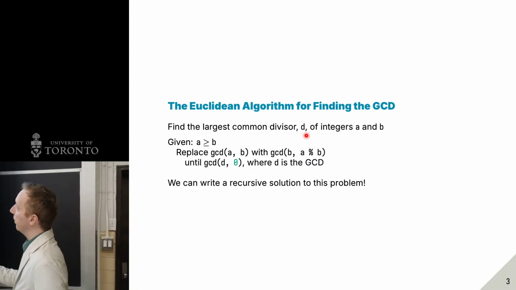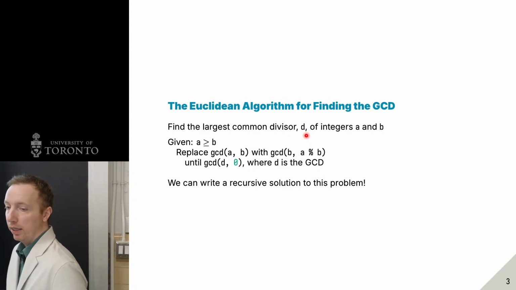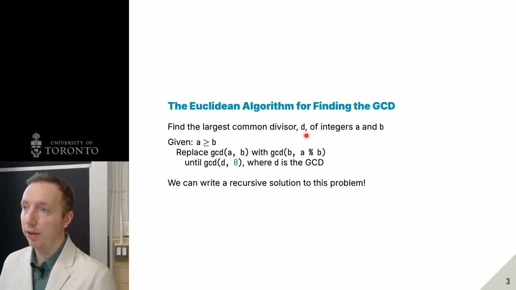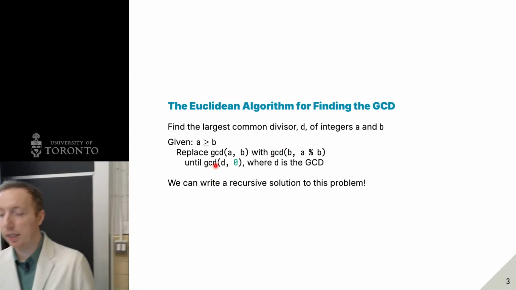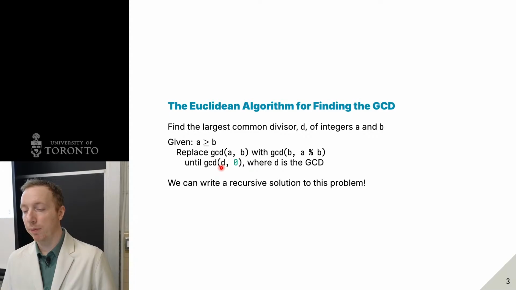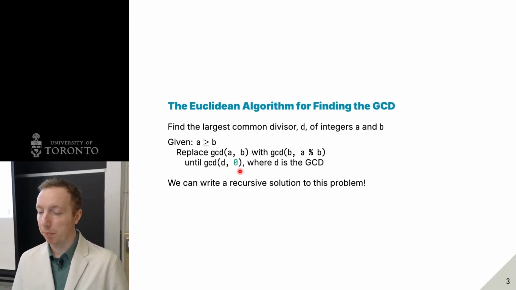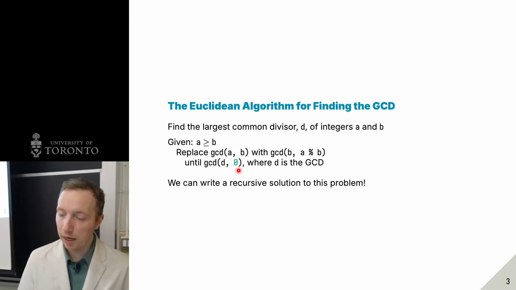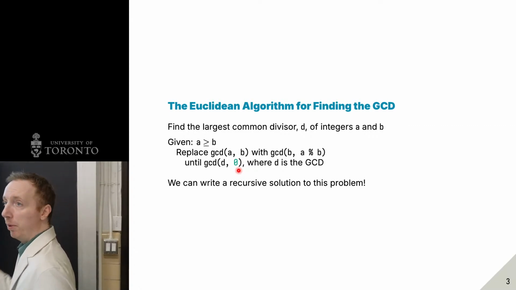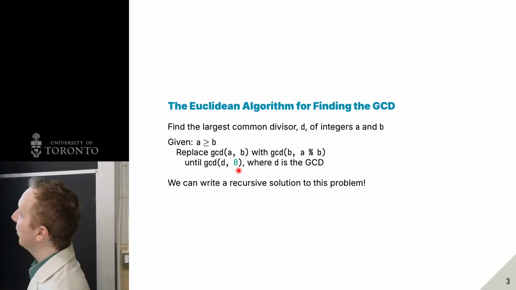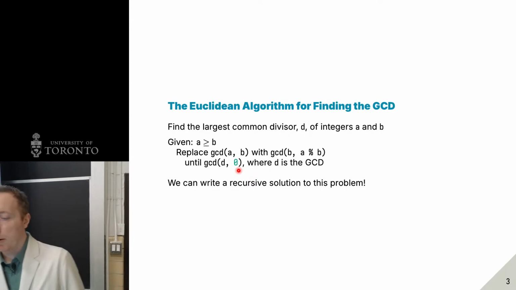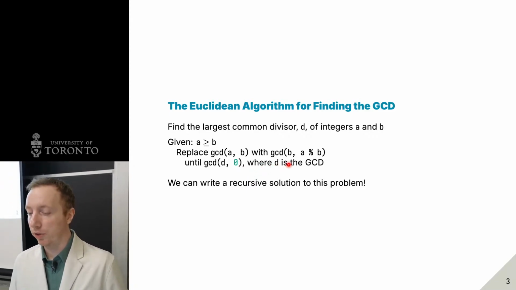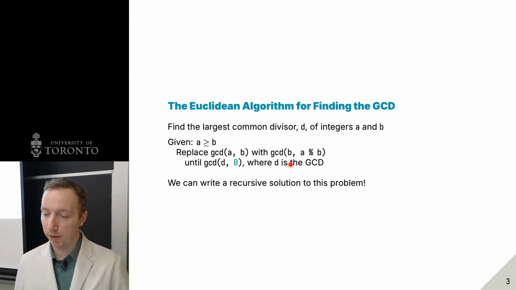So we're just dividing a by b, getting the remainder, and doing this until finally we get an argument where b is equal to 0. Once we make it to this step, which as you can guess is our base case for this algorithm, we know that d is the GCD, and that is the solution to the problem.